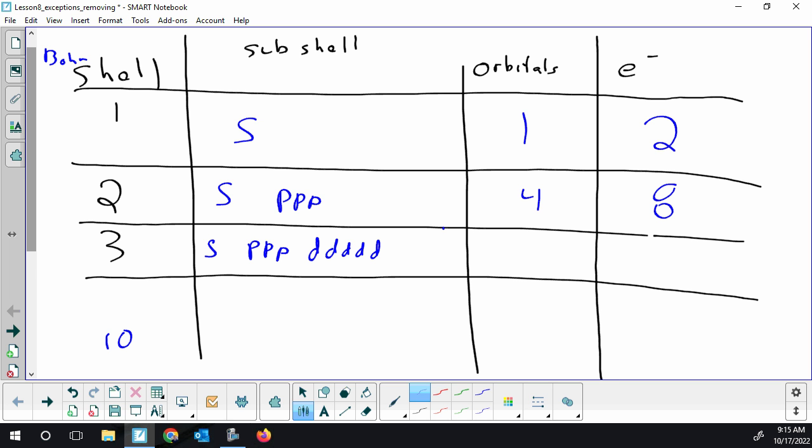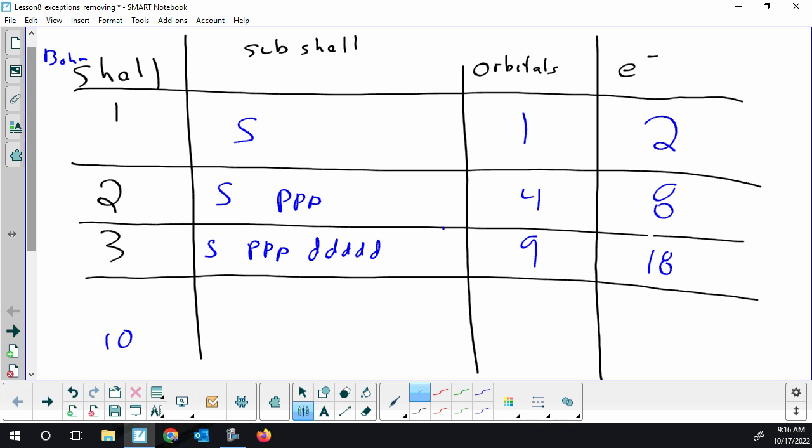There's 5 Ds. We had 4 from the S and P's in total, so we end up with 9 total orbitals. The subshell has 3 distinctive types. 9 orbitals in total, and we double the 9 to get 18 electrons. So orbital diagrams can get quite large. The third energy level would have 9 boxes potentially in total.